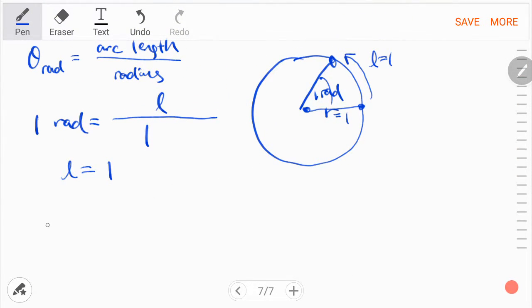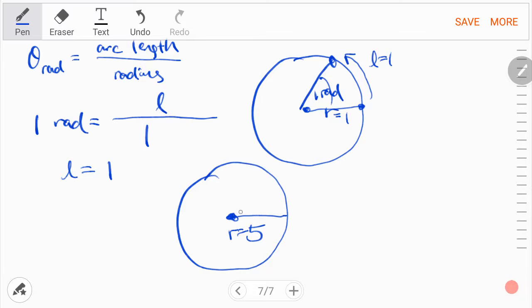So if today I have a circle and I tell you that my radius is, say, 5, and I start from here, I'm going to walk, and I'm going to stop there.